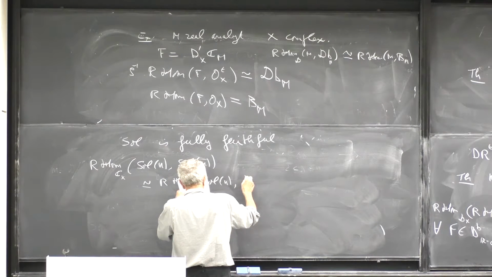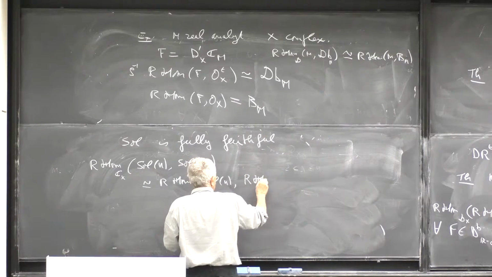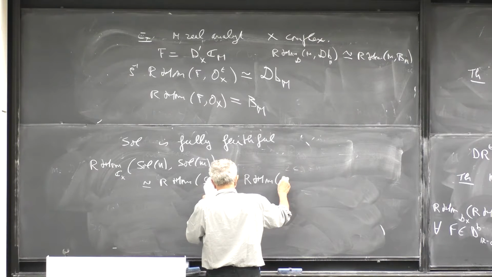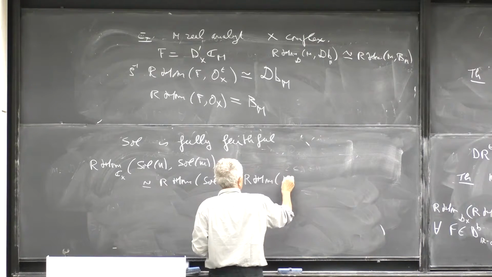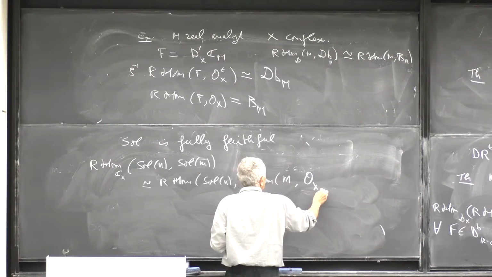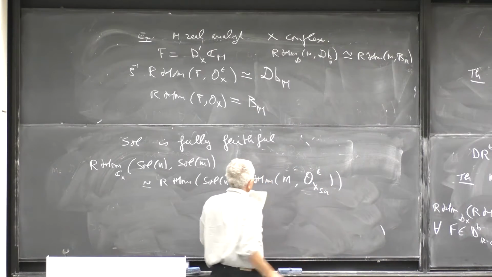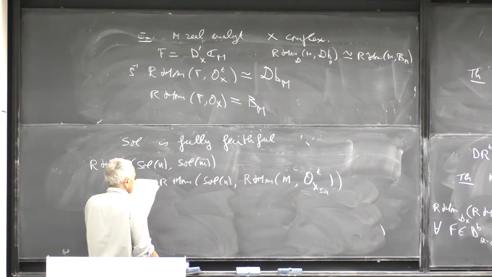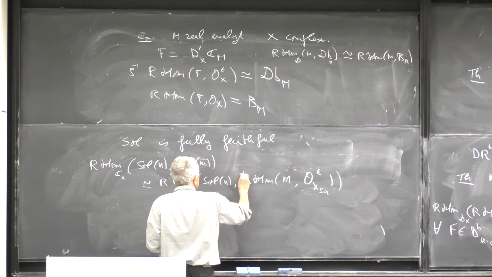Maybe I don't write rho minus 1 for short. Rm m ox temperate. So there are a lot of small mistakes in my notes at this level. I should write rho minus 1 if you want.